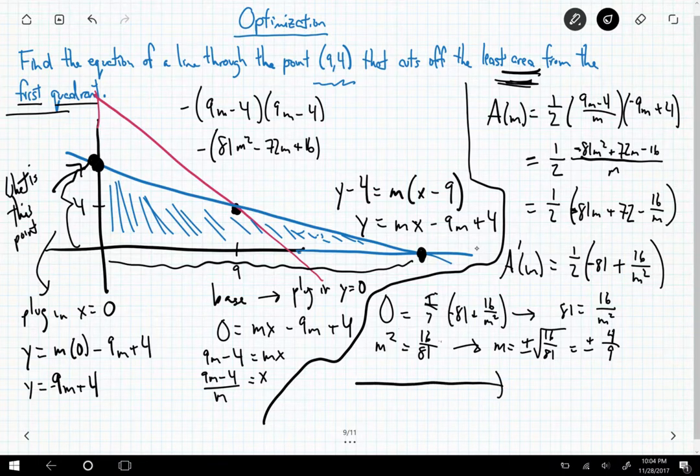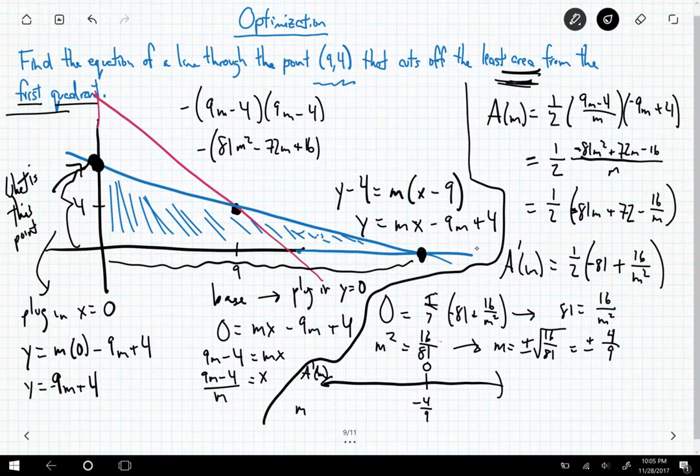So when we're actually checking this, just to make sure that that is a minimum and not in fact the maximum, we'll have negative 4/9 for our m value, and we want to have a prime of m right here. We know that it equals 0 here. We just have to make sure that if it's going to be a minimum, it has to go from decreasing to increasing. So plugging in that value into our 1/2 negative 81 plus 16 over m squared, my strongest suggestion would be try negative 1.